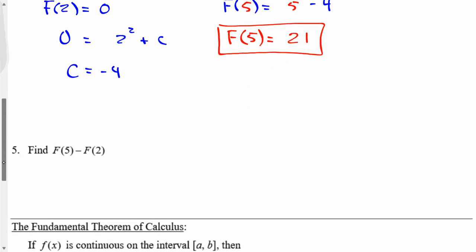Now, I'd like you to do this one. What's f of 5 minus f of 2? So f of 5 is going to be 5 squared minus 4, minus 2 squared minus 4, which equals 21 minus 0.